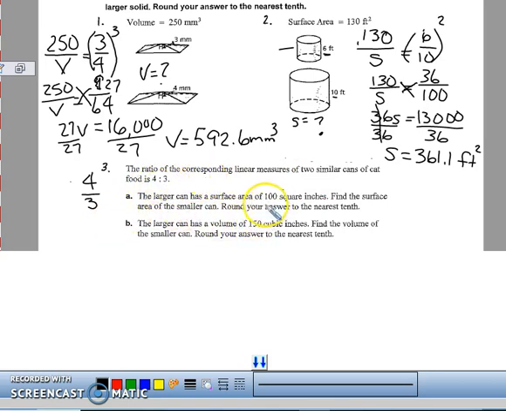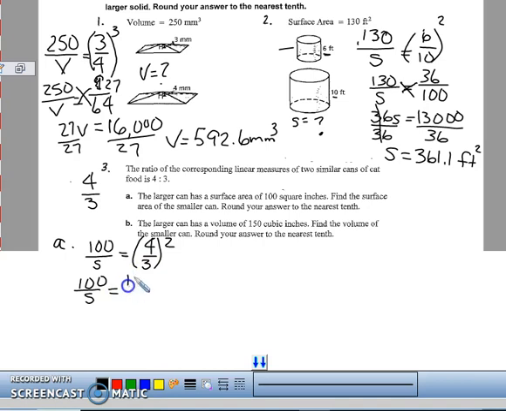So if I know the surface area of one of them is 100, we'll do A here, 100 to an unknown amount, and I know that the ratios for these are 4:3. If it's surface area, remember surface area or area in general is whatever the scale factor is squared bigger. So I need to use that. You must simplify before you cross multiply.